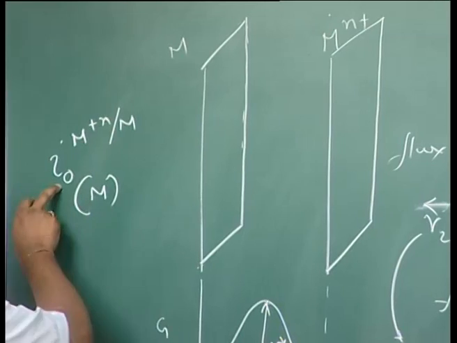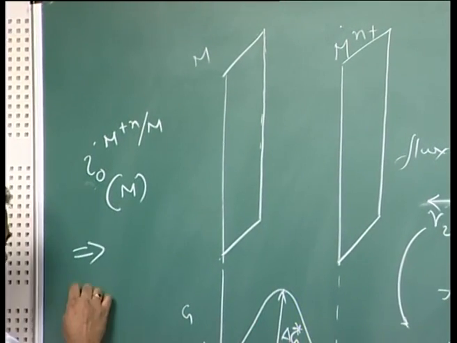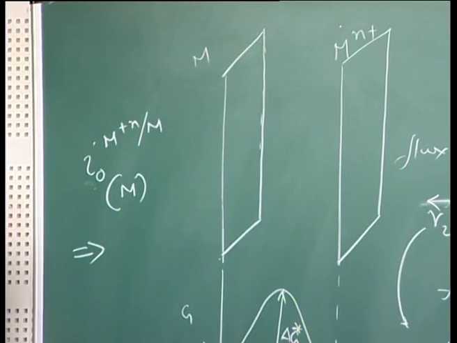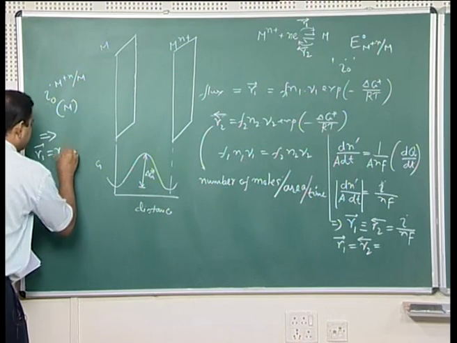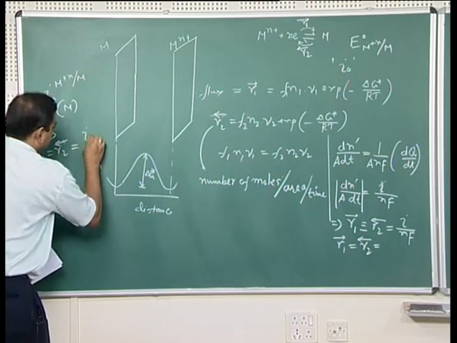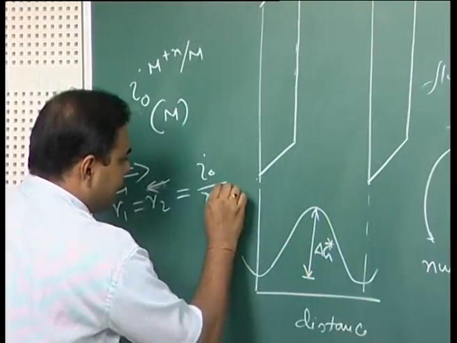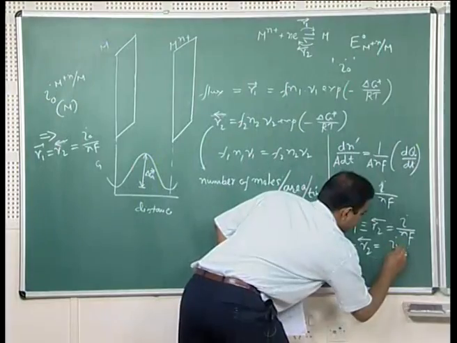And I can have a correlation if we consider the reverse and forward direction reaction rate. So, R1 equal to R2 equal to I0 by NF. So, I can write I0 by NF.